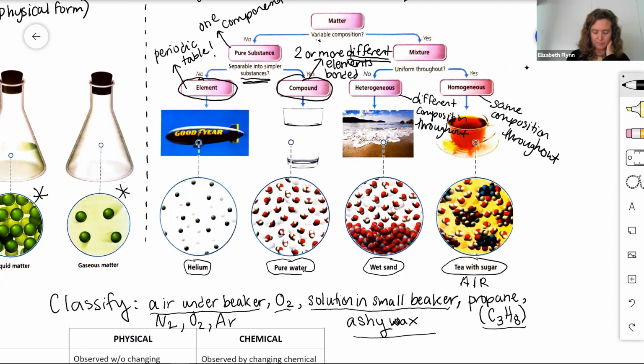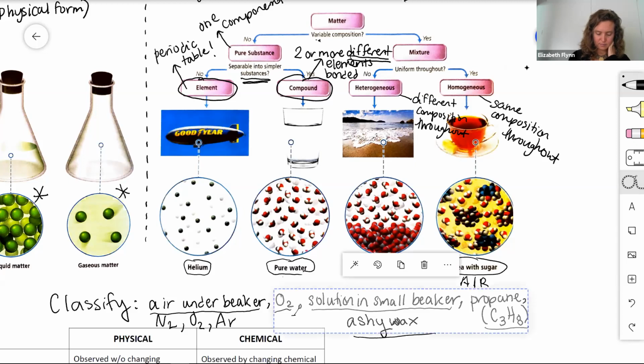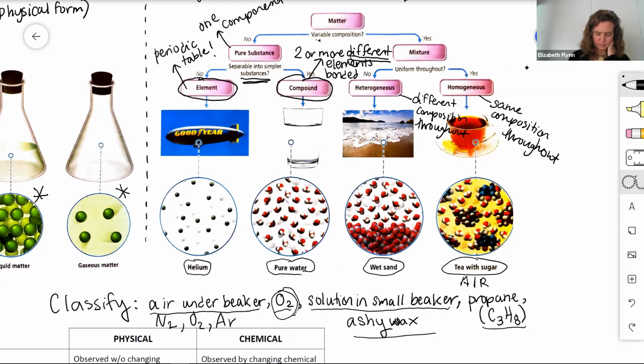Let's look at oxygen right here. Is oxygen a pure substance or a mixture? Just plain oxygen. Yeah, it's a pure substance.